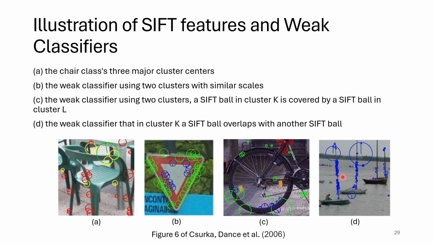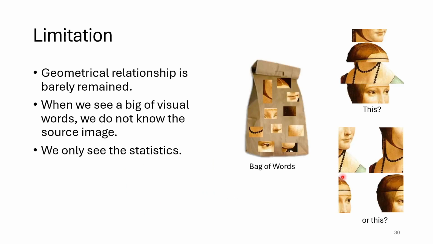They used the bag-of-words method. So let's think about the limitation of bag-of-words. This is a bag-of-words. Can it recognize from this image? Yes, it can. And can it recognize from this image? Yes. So the limitation of bag-of-words is that it doesn't preserve the structure of the source image.